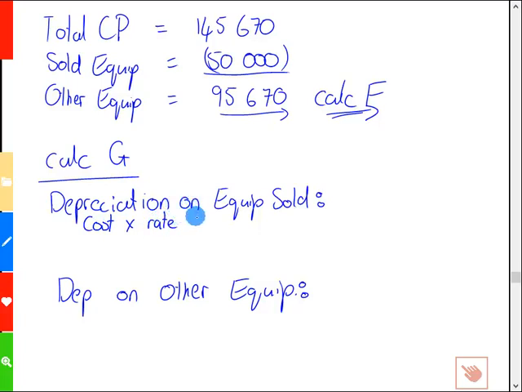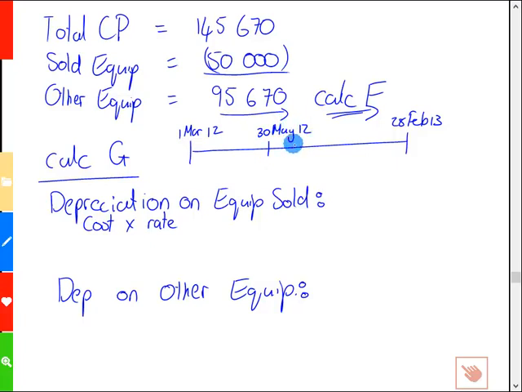But we can only provide for depreciation for the period that we had this asset. Now the equipment sold was, the financial year is from 1 March 2012 till 28 February 2013. Right? And we sold this equipment on 30 May 2012.